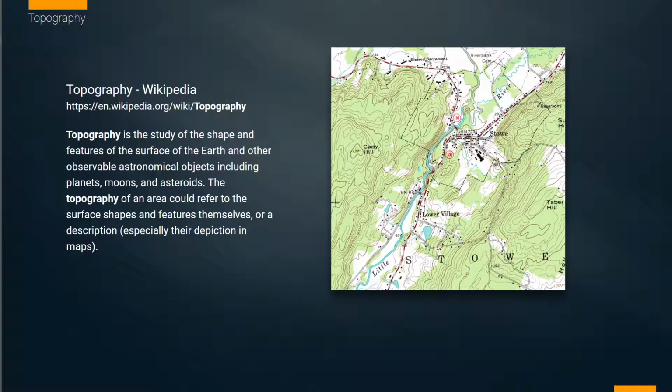So a little more on this idea of topography, shapes and features on the surface of the Earth. Mostly when we think about topography, we'll think about those changes in the levels. That'll be the most important and critical thing. But there are obviously other features, existing buildings, landscape features like lakes and ponds, water, watersheds, wetlands areas, all kinds of things that are denoted many times in topographical survey data.